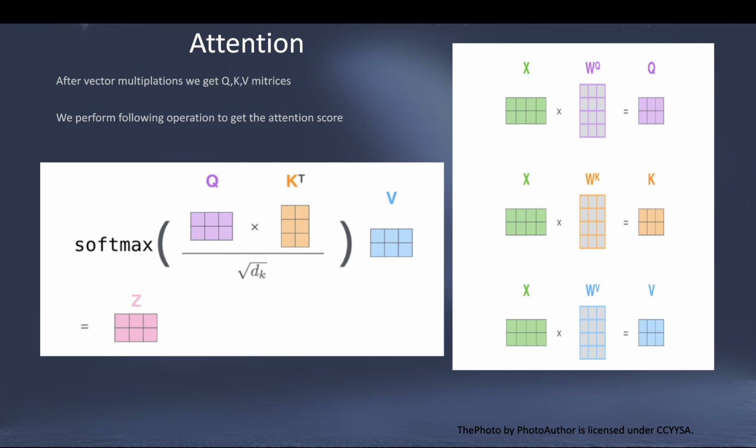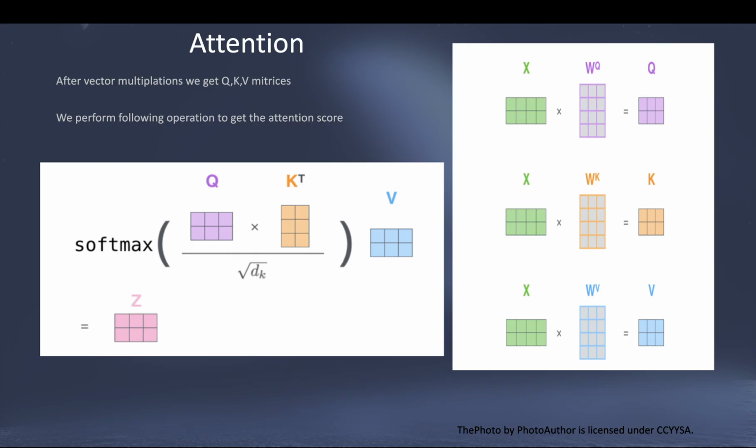So q into k: in this left hand side image you can see we are doing matrix multiplication. We are multiplying the two matrices q and k transpose. K transpose is just so that we can do matrix multiplication.